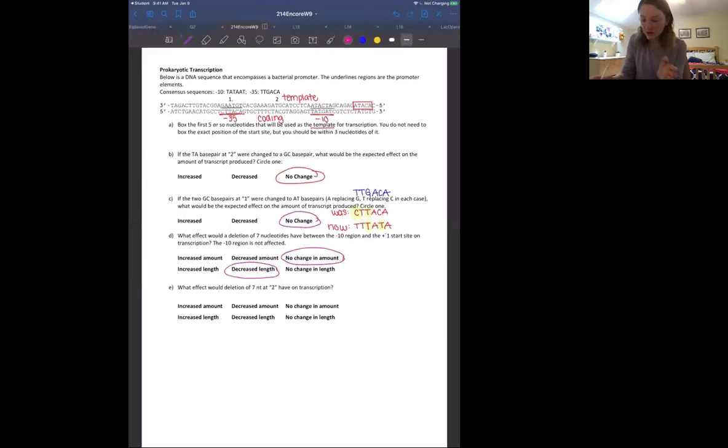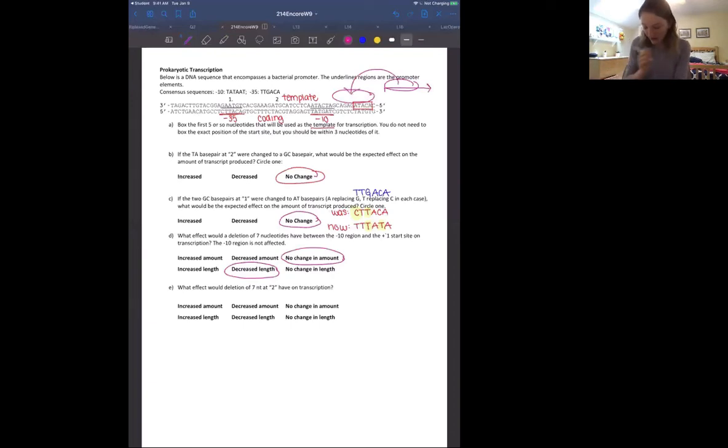So if you delete some nucleotides here, basically what once was going to be the beginning of your mRNA transcript is now shifted to this region between the -10 and the start site that isn't going to be transcribed. So we've shifted our mRNA such that part of what once was going to be transcribed isn't going to be transcribed anymore. So that transcript is going to be shorter.